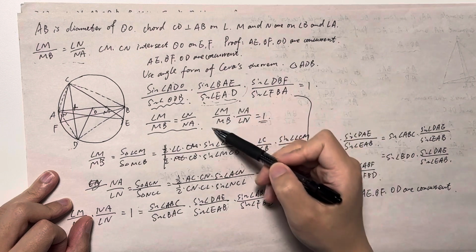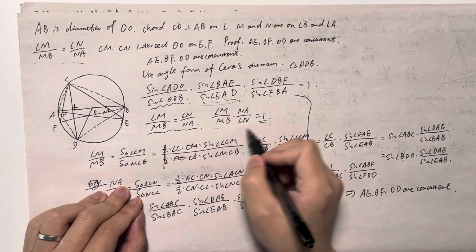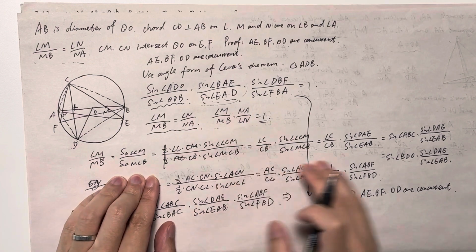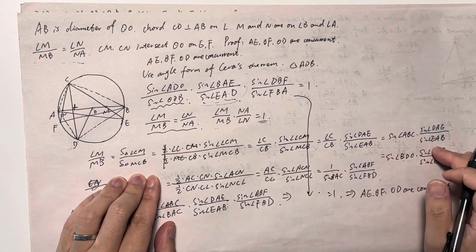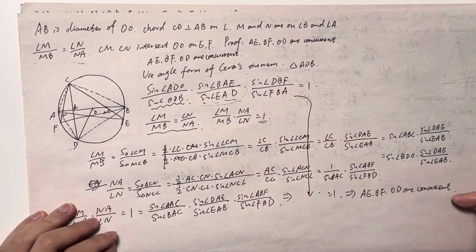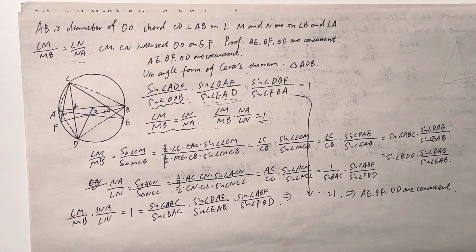Then we rewrite this equation in angle form, and we find that this angle form actually matches what we want to prove. Then we got the whole proof. I hope you like this video. We will talk more about Ceva's theorem in the next videos. Thank you for watching. See you in the next one.